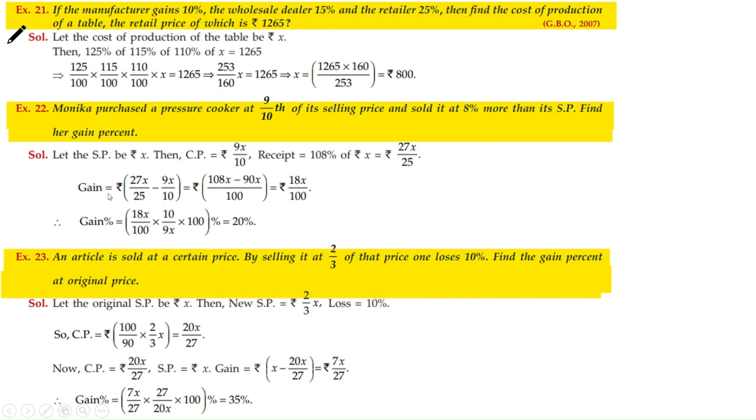Gain equals 27x by 25 minus 9x by 10, which equals (108x minus 90x) by 90, which equals 18x by 100. Gain percent equals 18x by 100 into 10 by 9x into 100%, which equals 20%.